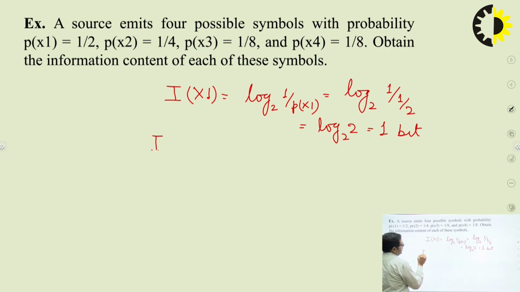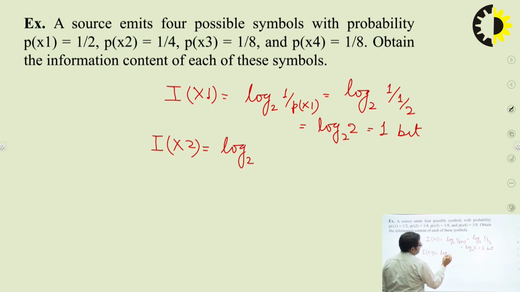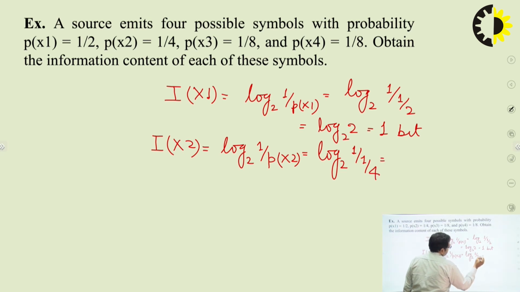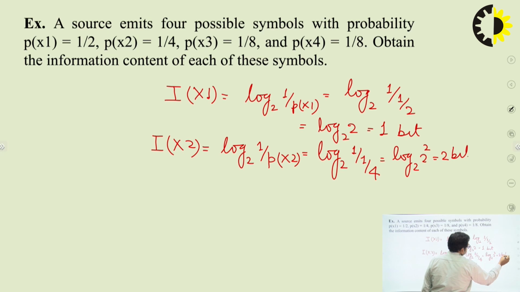Similarly, the information associated with symbol x2 equals log 1 by probability of symbol x2, which is log at base 2 of 1 by 1 by 4, which is log 4, that is 2 bits.